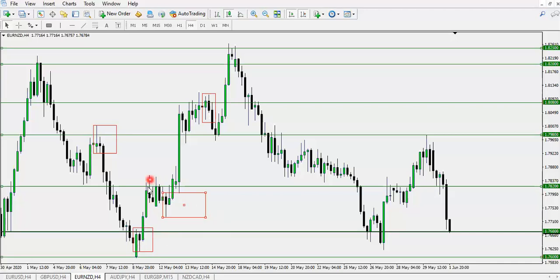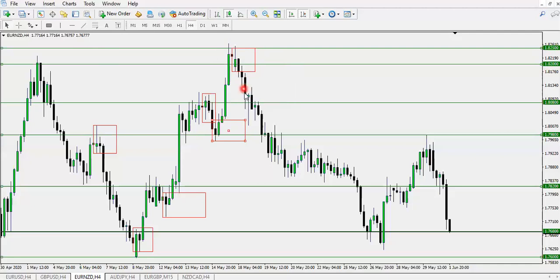So price rallied up, some rejection at this 200 institutional level, a bullish order block was created, price rallied up past our 800 level, retraced a bit from this 800 level, back down into our 800 level, and another order block was created on our 800 price level right here, took price past all these other institutional levels into our 500 institutional level, and we can see an order block was created right here.